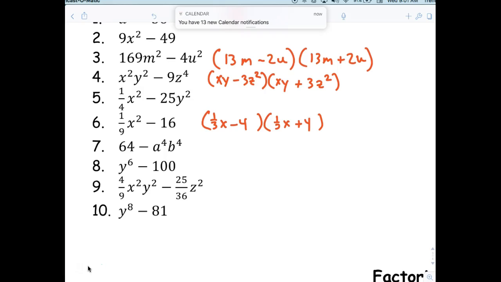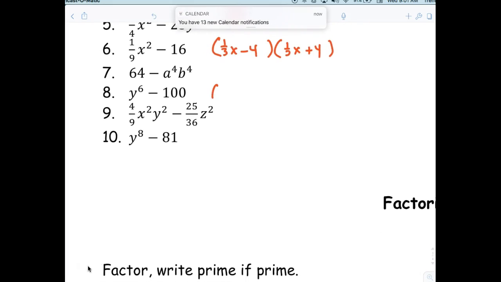Number 8, they're trying to get real crazy. What would that be? y cubed minus 10 and y cubed plus 10. Beautiful. All right. Now 9 looks hard just because you see a fraction again.